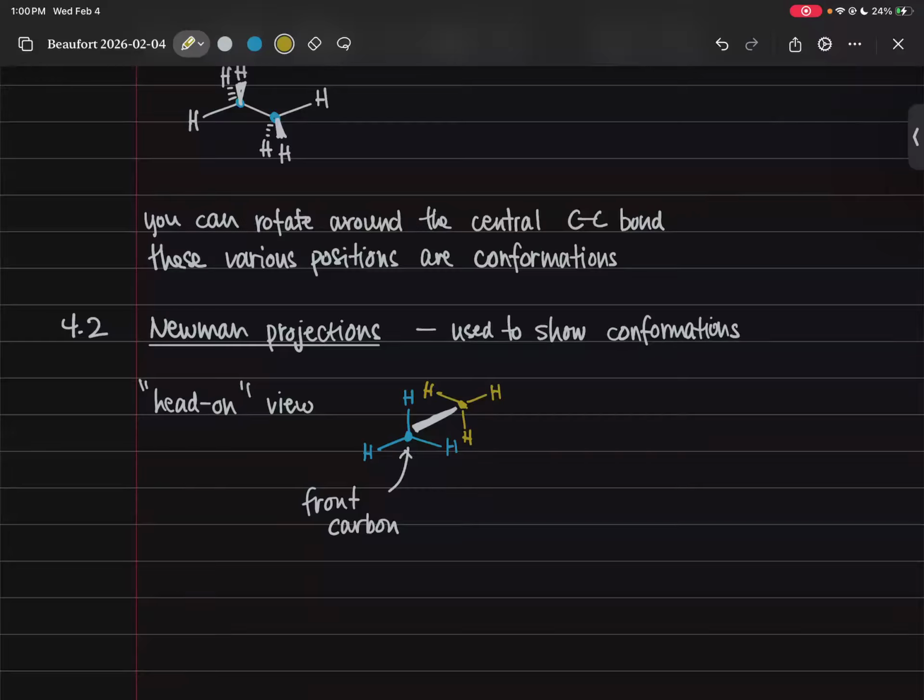Do we see how that represents the same thing in 3D? Okay. So we're almost to the Newman projection. Really, all we're going to do is, rather than have these two carbons be offset, we're just going to smack them on top of each other.